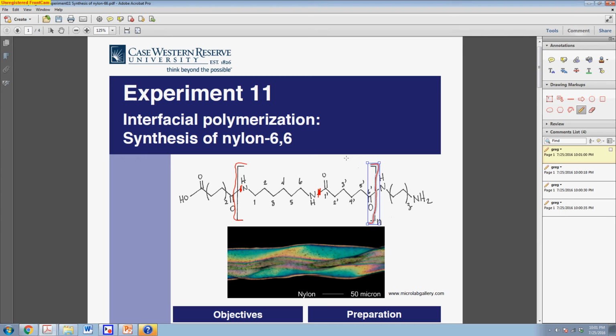Alright, so again, what we need to talk about is how we're going to make this repeating unit of this hexamethylene diamine and adipic acid polymer.